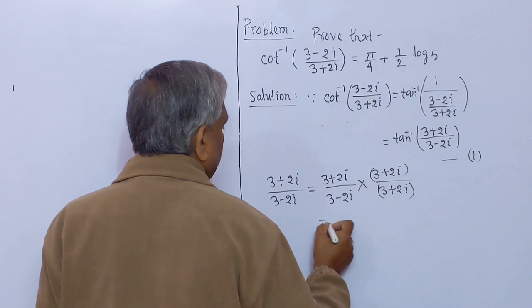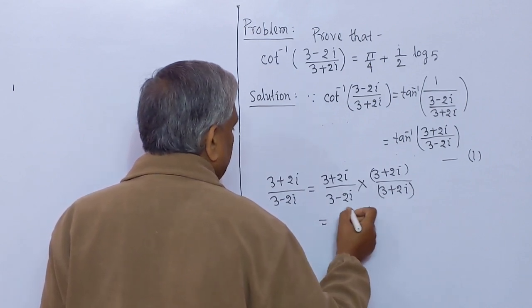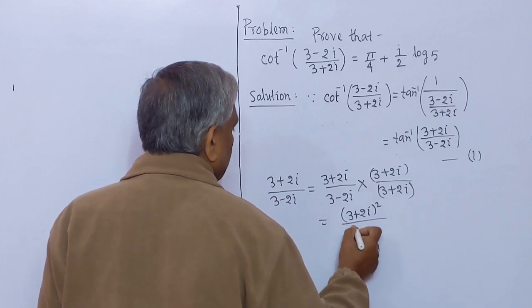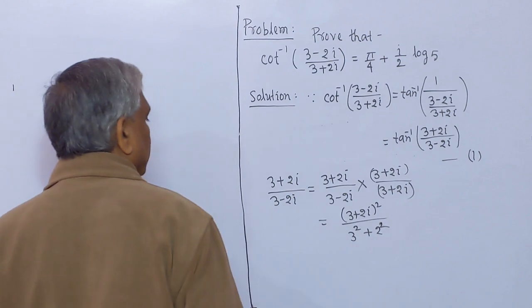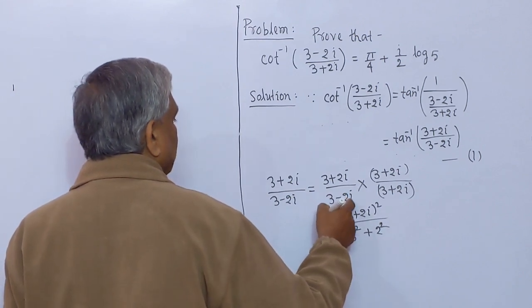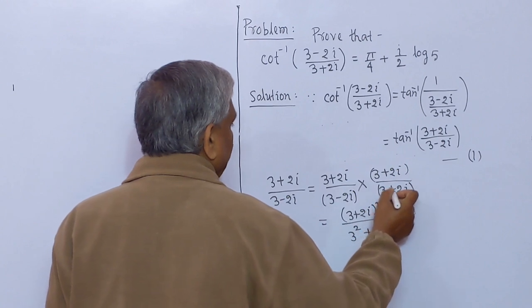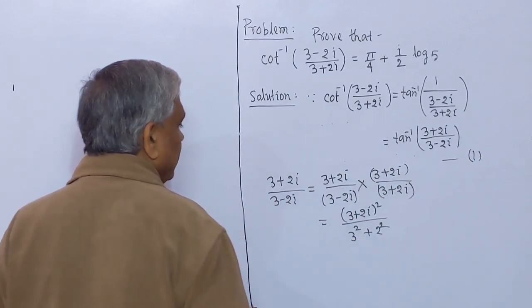This is equal to (3 plus 2i) whole square by 3 square plus 2 square, since (A minus iB) multiplied by (A plus iB) equals A square plus B square.